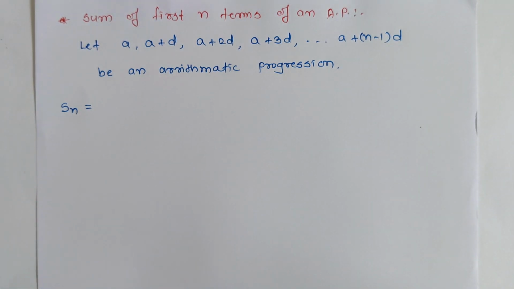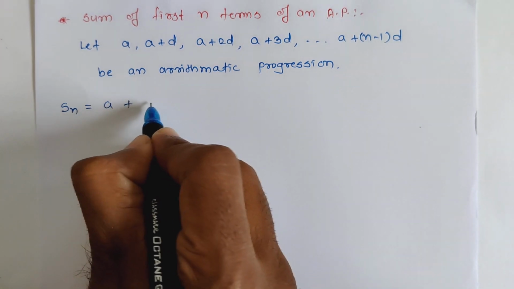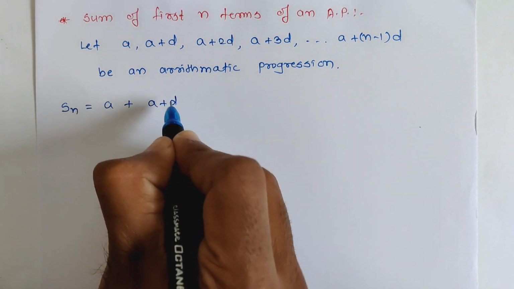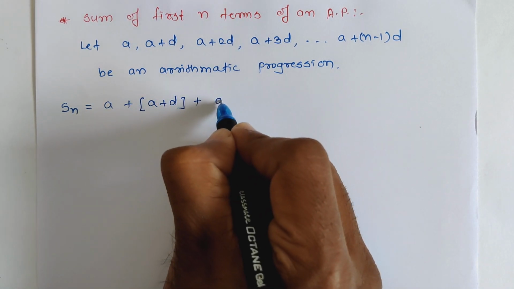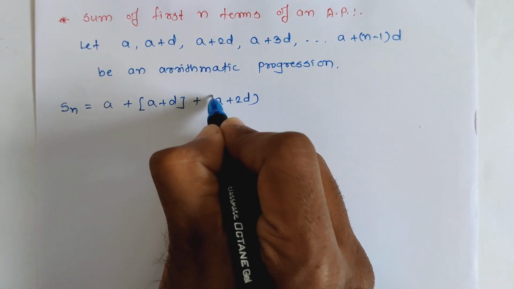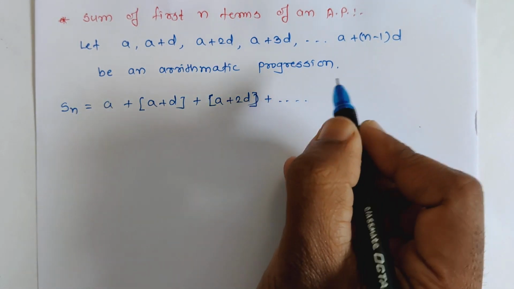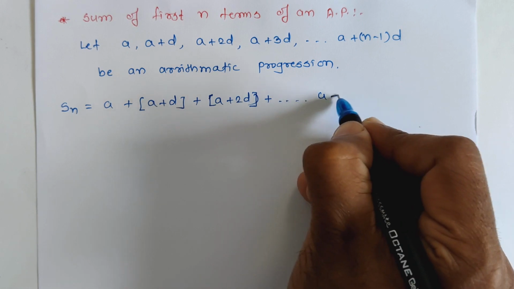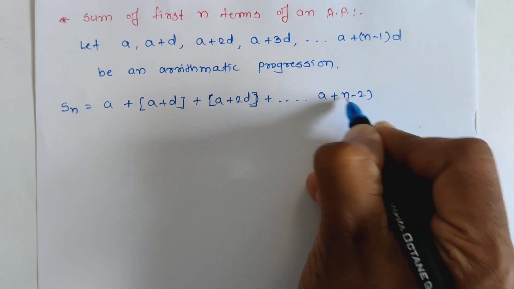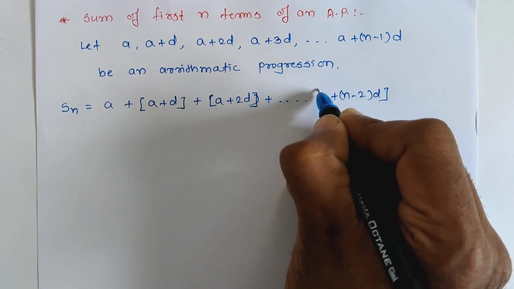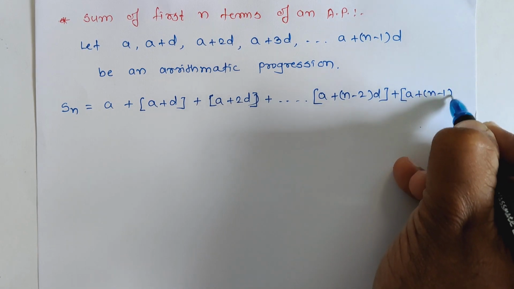So Sn is equal to, we have to add all these terms, that is a plus a plus d plus a plus 2d plus up to a plus n minus 2 into d plus a plus n minus 1 into d.